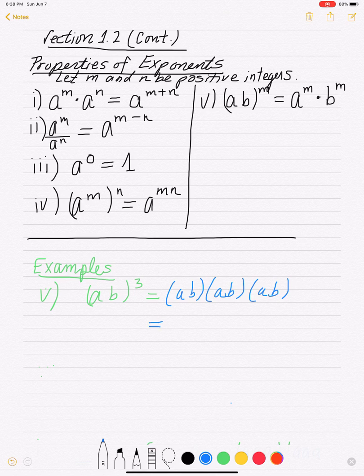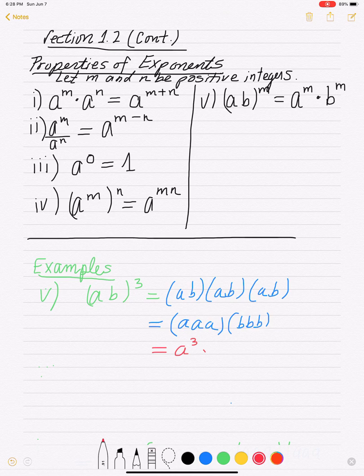Now, there's some properties in the real number system like associative properties and commutative properties. It allows me to rearrange terms and put parentheses around terms. What I can do, I can put all the A's together. I can put all the B's together, the 3 B's together. And a fancy name for triple A is what? A to the 3rd.